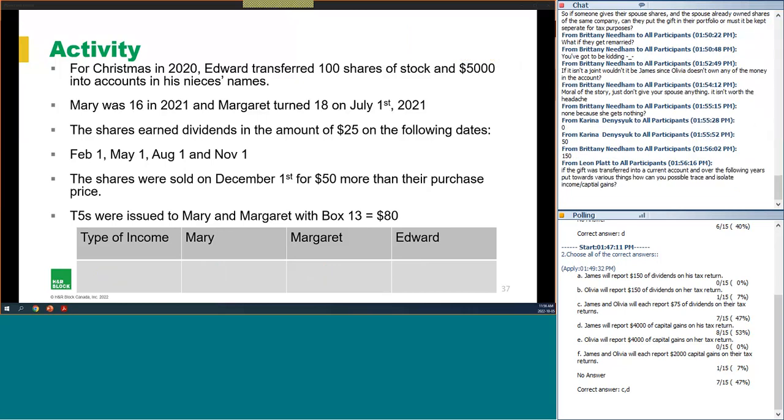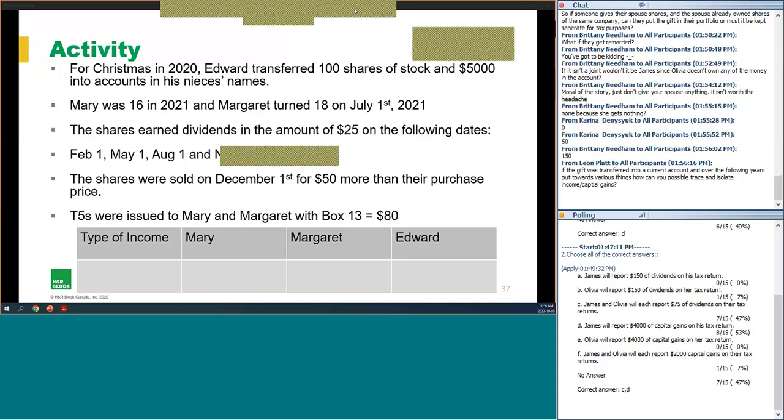Let's try another one. What about the capital gains? So I'm going to say here, capital gains. Who reports capital gains income when you are attributing between a minor and a relative?